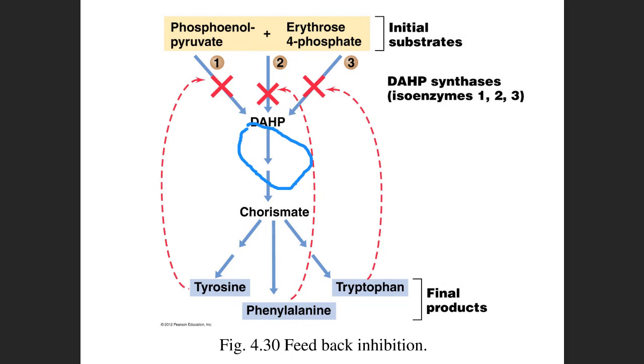The net result is that this gets reduced, and so tyrosine is reduced, then phenylalanine and tryptophan, all 3 end products get reduced, which means these 3 are linked. If one of them is overproduced, then all 3 get reduced. Okay, so this is just to tell you there are different mechanisms of feedback inhibition.